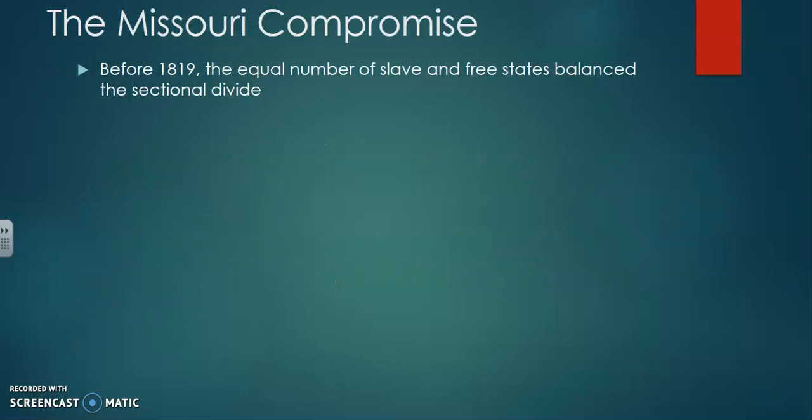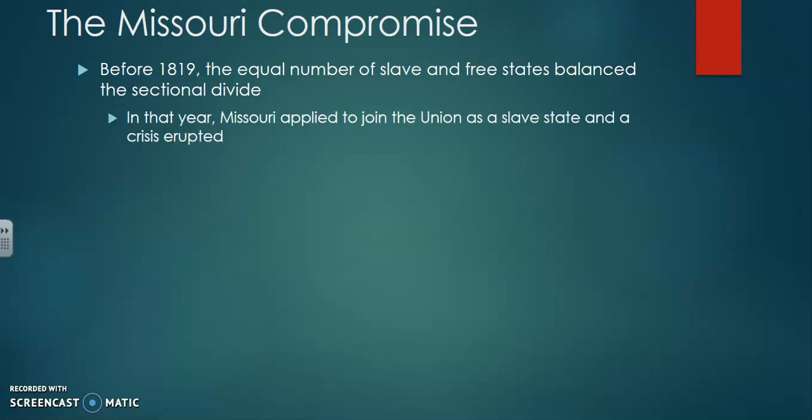So we're going to start with the Missouri Compromise. Before 1819, the equal number of slave and free states balanced the sectional divide. In other words, before 1819, there were an equal number of states with slavery and without. Therefore, in the Senate, they had equal power. But in 1819, Missouri applied to join the Union as a slave state, and a crisis will erupt.